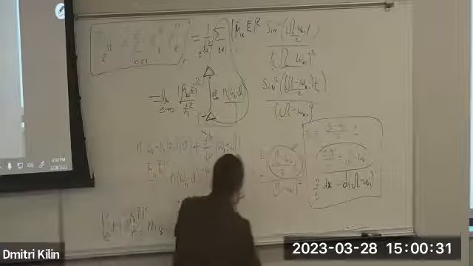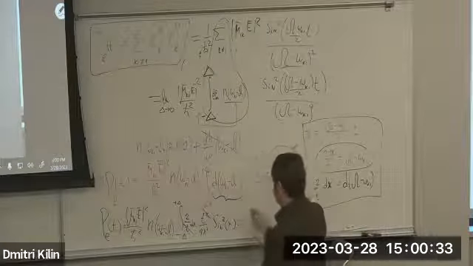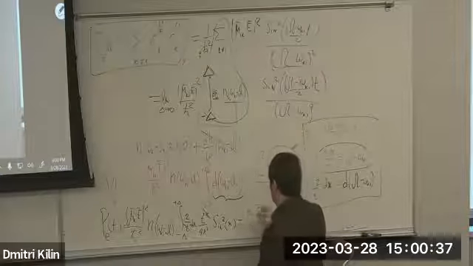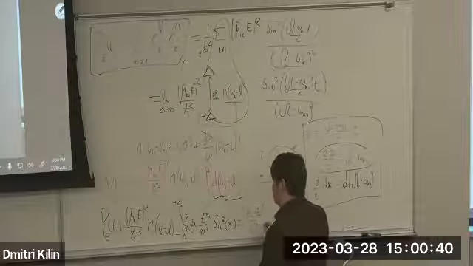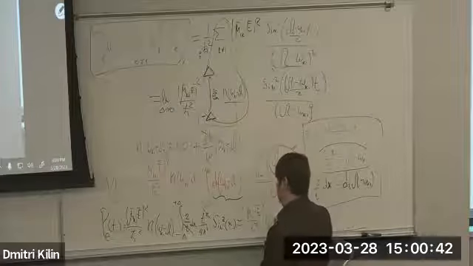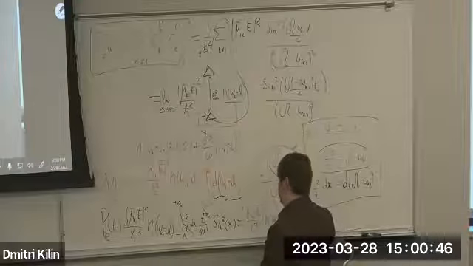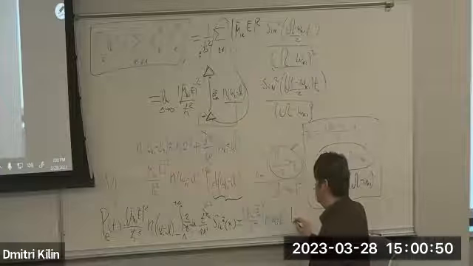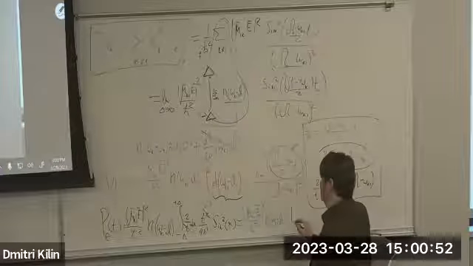So we get the interaction squared over h bar squared, density of final states. The integration is already going on.